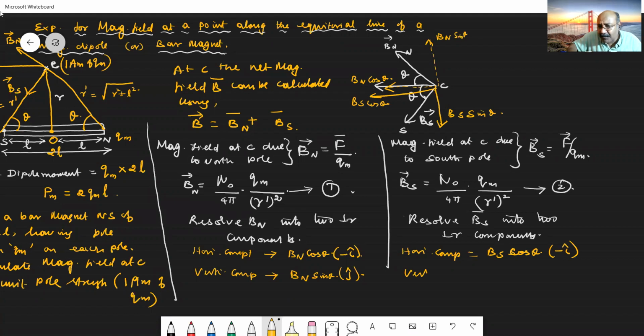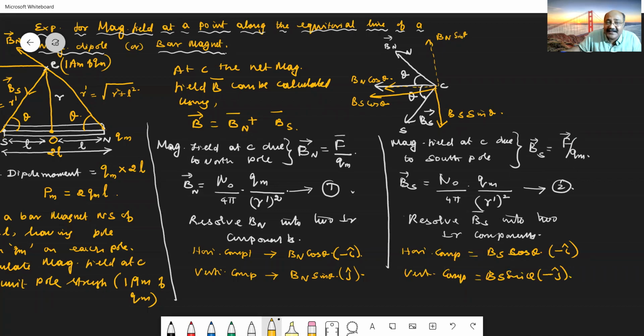The vertical component is BS sin theta, acting along the y-axis in the downward direction, so it is minus j cap. Am I correct?